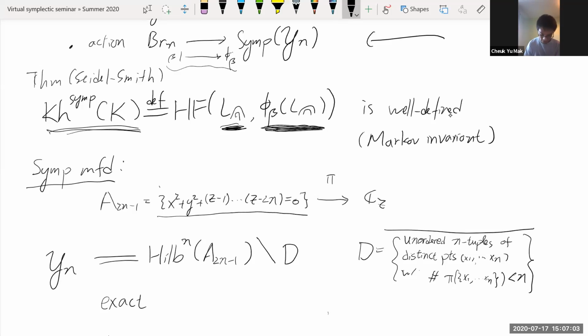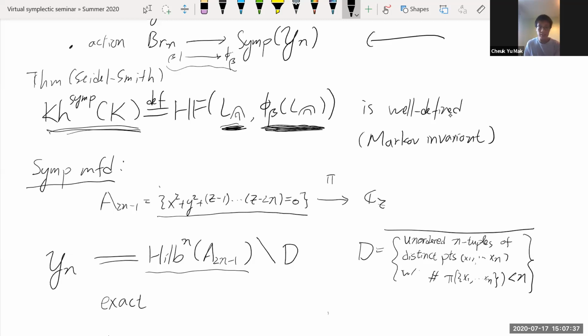It has a Lefschetz fibration to the complex plane by projecting to the z coordinate. And Yn is the Hilbert scheme of n points on this Milnor fiber, deleted by a divisor, that is, the complement of a divisor in the Hilbert scheme. The divisor is the closure of some space.